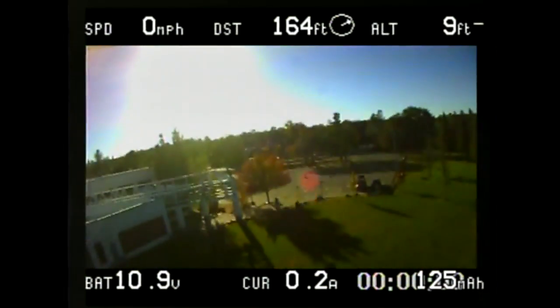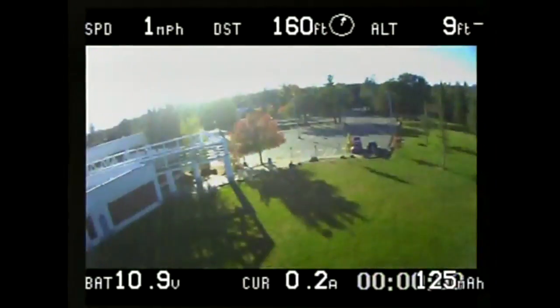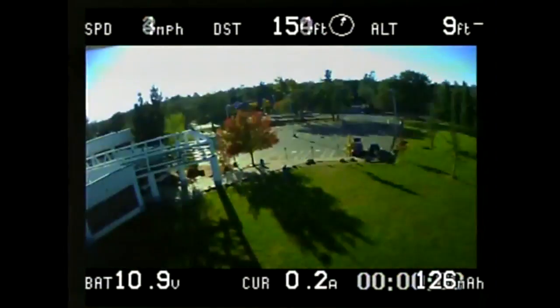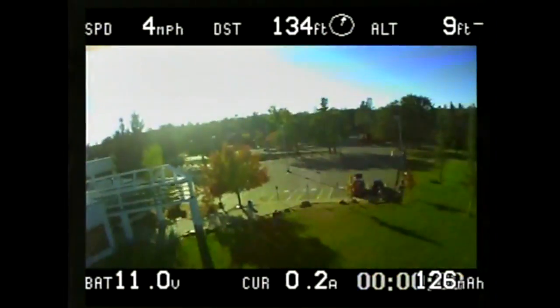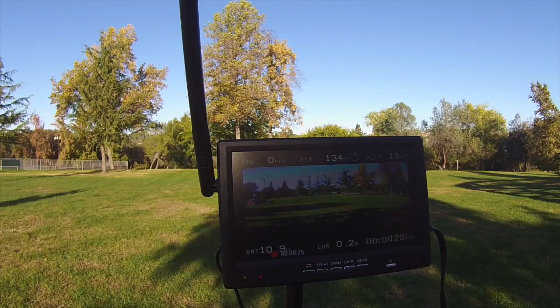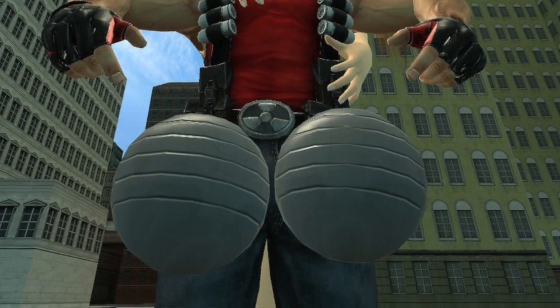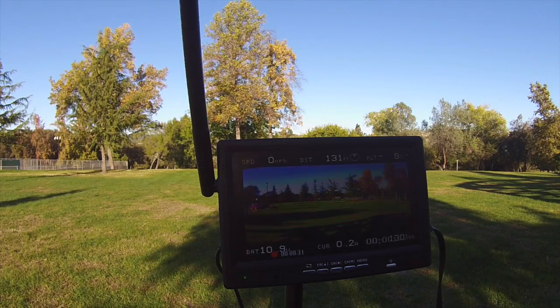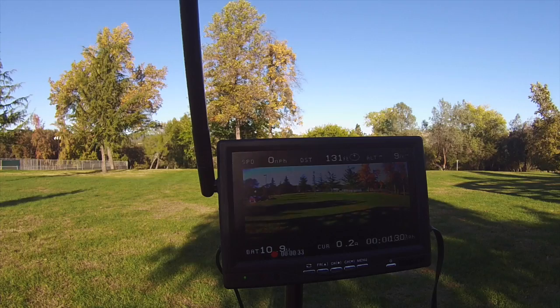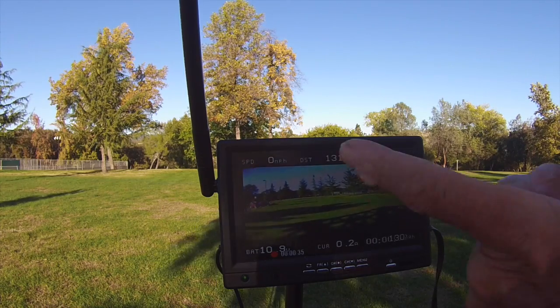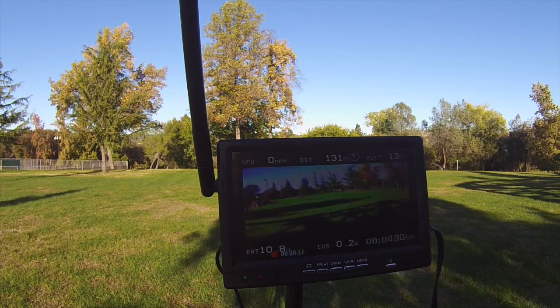If you really want to get going fast, put it in ATTI mode, and you can get up to about 40, 42 miles an hour. And if you've really got balls of steel, then switch into manual mode, and that bugger will just cook across the ground. So there's your speedometer in the top left corner.